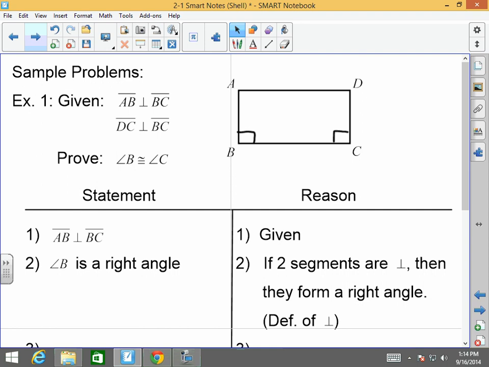You cannot condense it because you would have had to first label both givens. If you would have said AB is perpendicular to BC and DC is perpendicular to BC, then you could have said angle B and angle C are right angles, definition of perpendicularity.